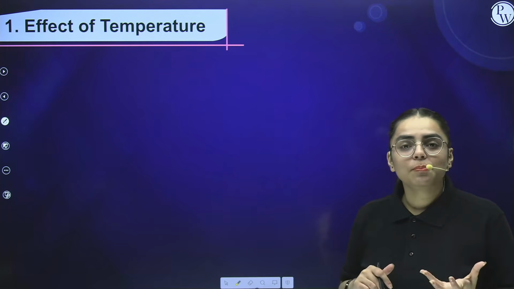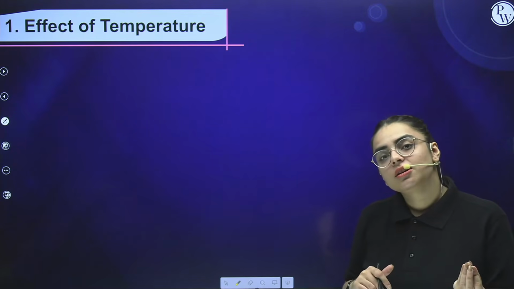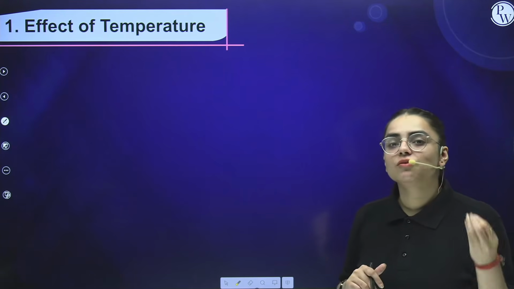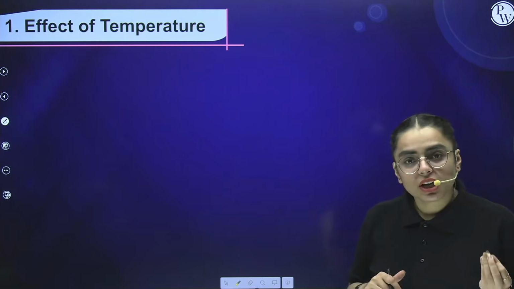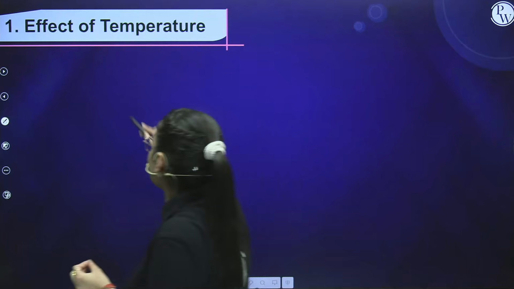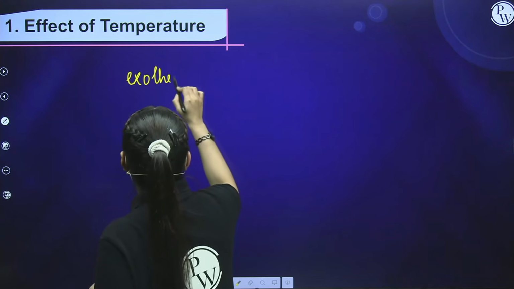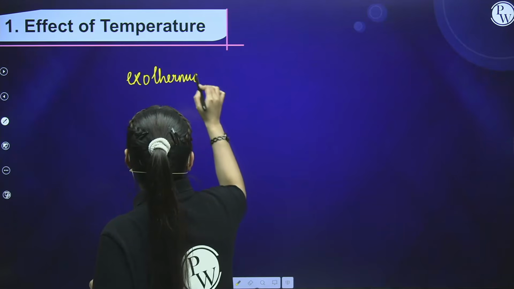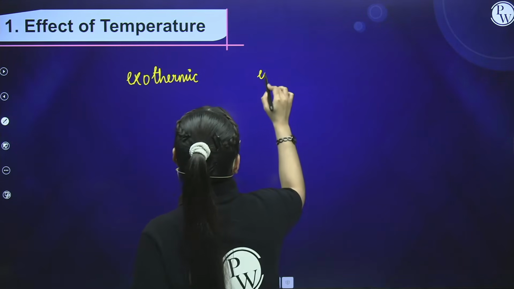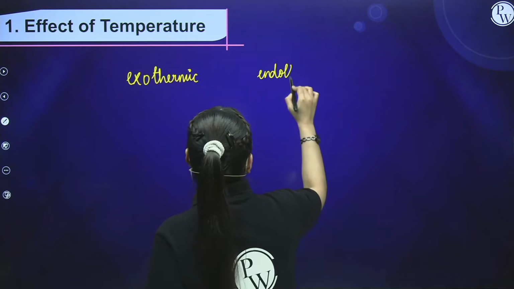So this will help me to find out in which direction the equilibrium will shift. So first of all, I need to identify whether my reaction is exothermic or my reaction is endothermic.